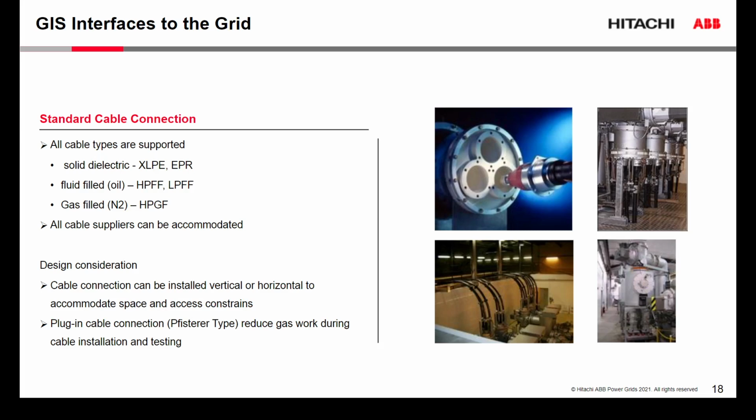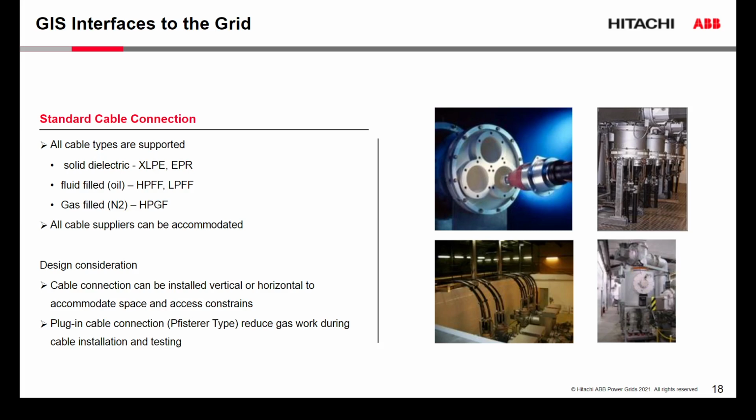We see on the right lower picture, for example, a high-pressure fluid-filled cable interconnection to a 138 kV GIS. From time to time we also see high-pressure gas-filled cables, which can also be interconnected to the GIS.